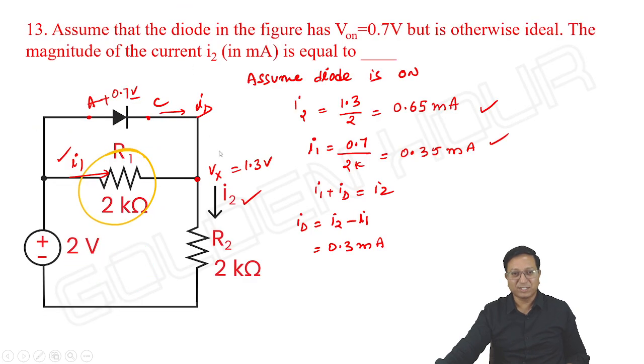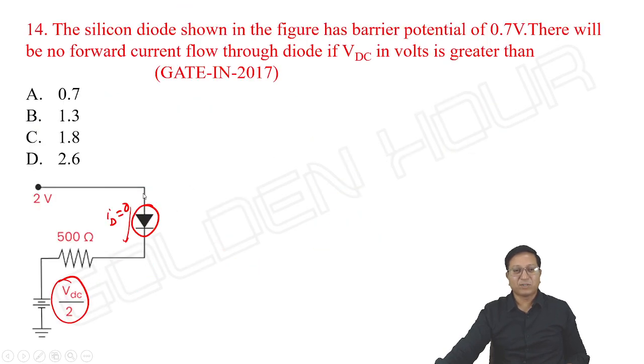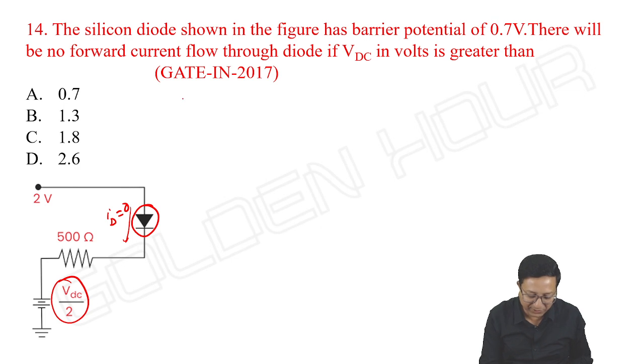In a similar fashion, for the diode to conduct, the voltage across the diode should be at least 0.7 volts. Then only ID is possible, otherwise ID is not possible. Suppose the diode is on, then what about the ID equation?